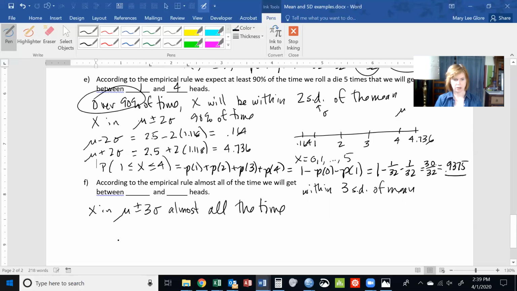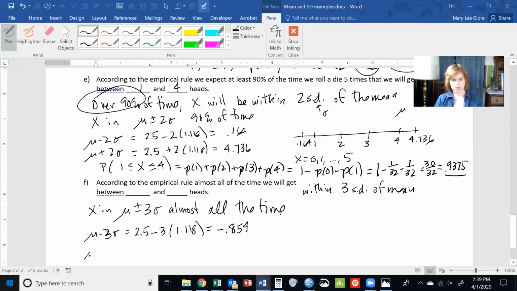So here, mu again is 2.5. So mu minus 3 sigma is 2.5 minus 3 times 1.118, and this ends up equaling negative 0.854.